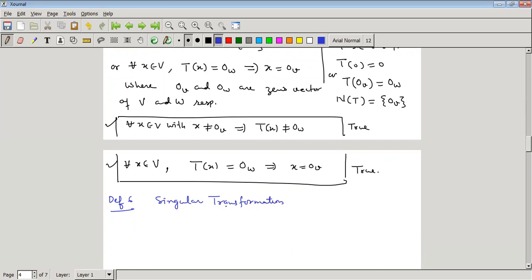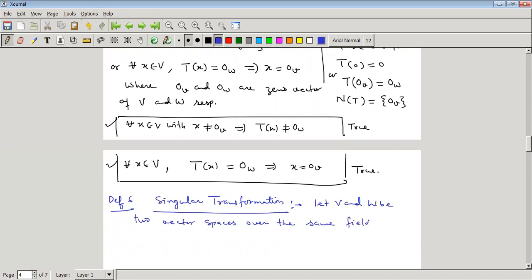Again, let V and W be two vector spaces over the same field F, and T from V to W be a linear transformation.